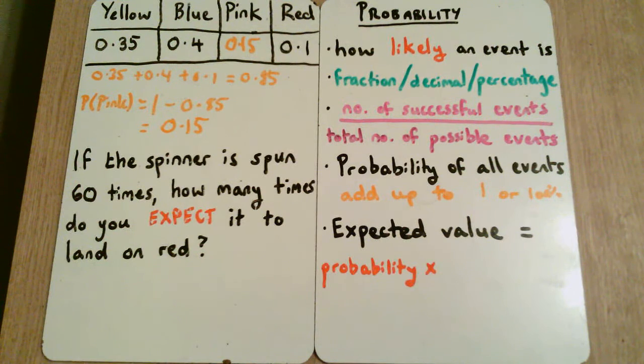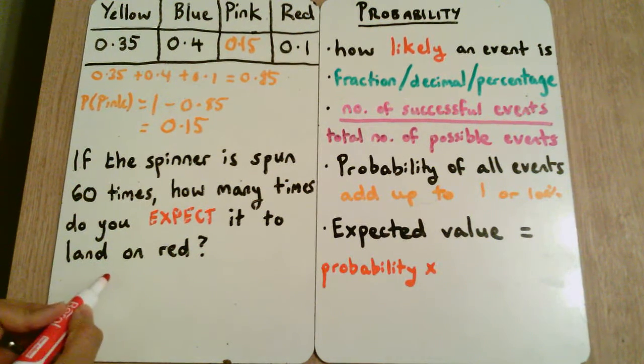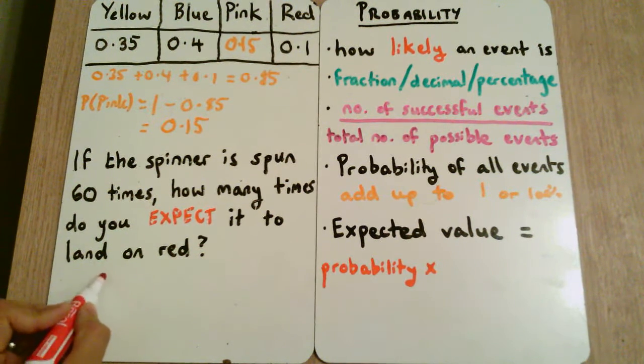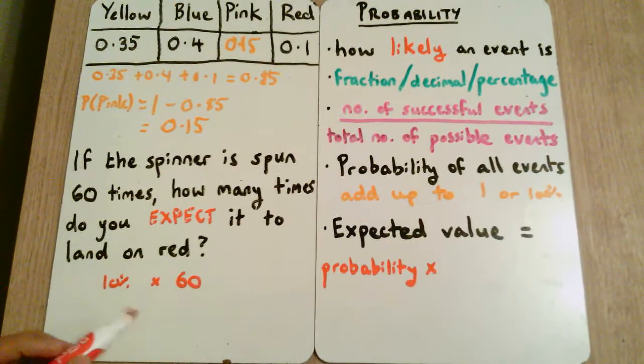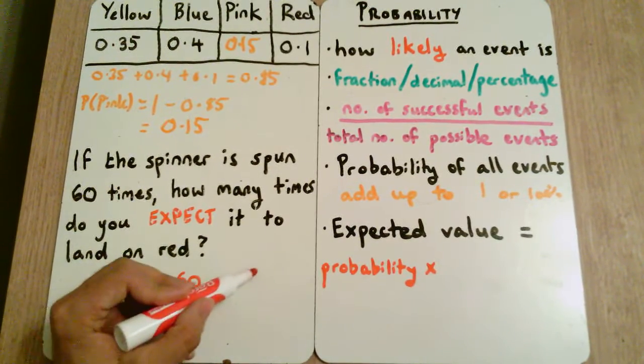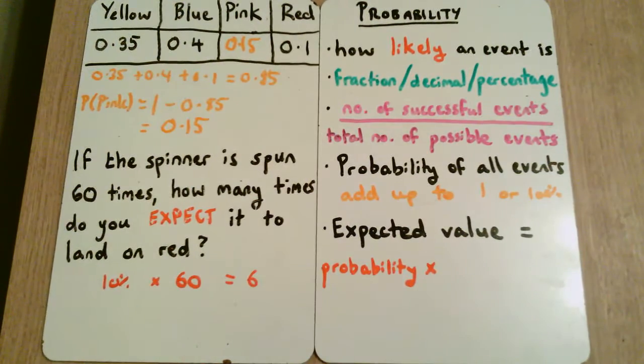So if I've spun this 60 times, then 10% of 60 is the same as 6. And that would be the number of times we would expect it to land on red. Now, it won't necessarily land on red 6 times, but it's what we expect due to the probability.